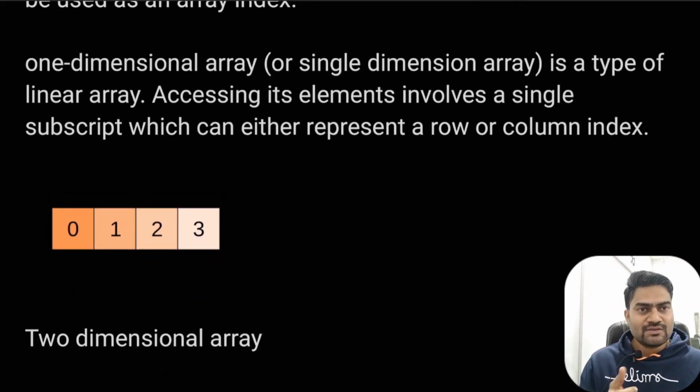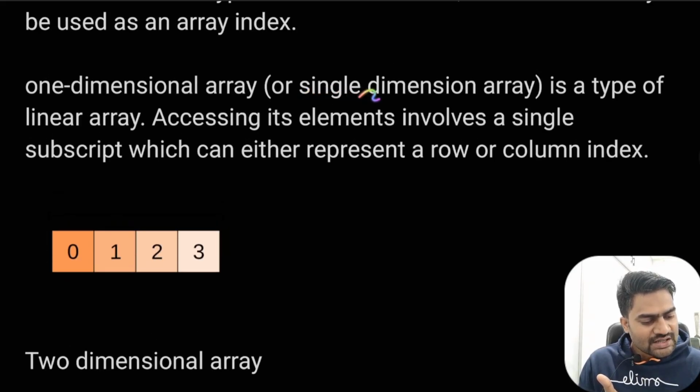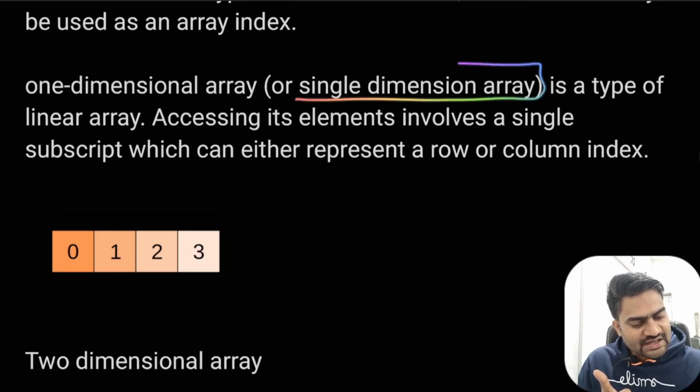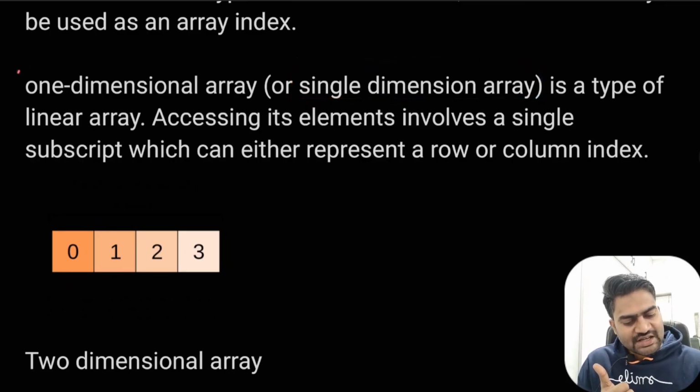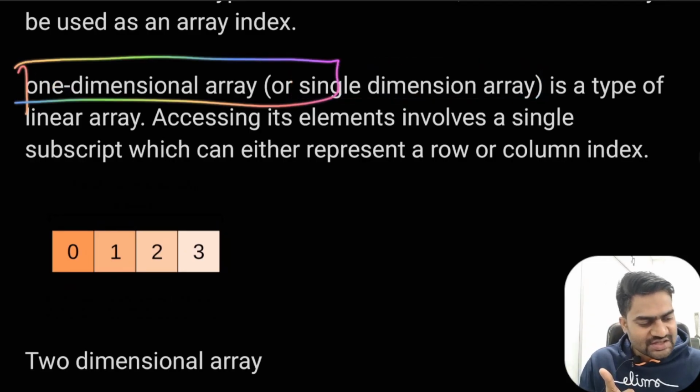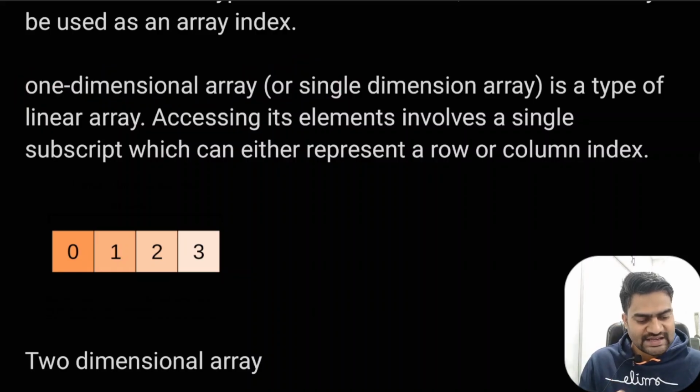Okay, now let us try to understand the one-dimensional array, also called a single-dimensional array. It's a type of linear array. Accessing its elements involves a single subscript. Subscript is nothing but index.